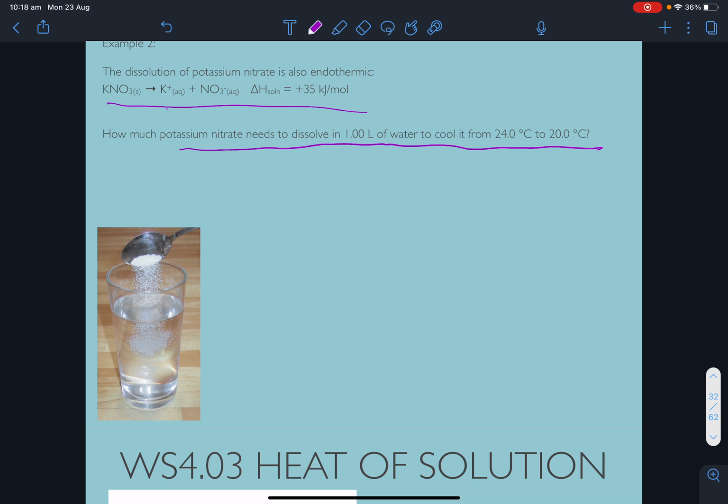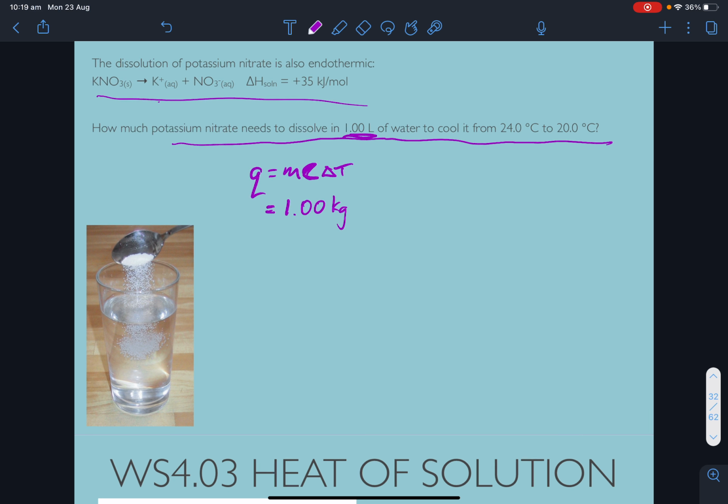If I'm talking about something cooling or heating, Q equals mc delta T. So what I'm going to do is quantify the heat absorbed by the solution. The mass of the solution is pretty much going to be the mass of the water, that's all we can put in. So I'll keep it as 1.00 kilograms, because the density of water is 1 liter to 1 kilogram, at around 25 degrees Celsius. That's good enough.